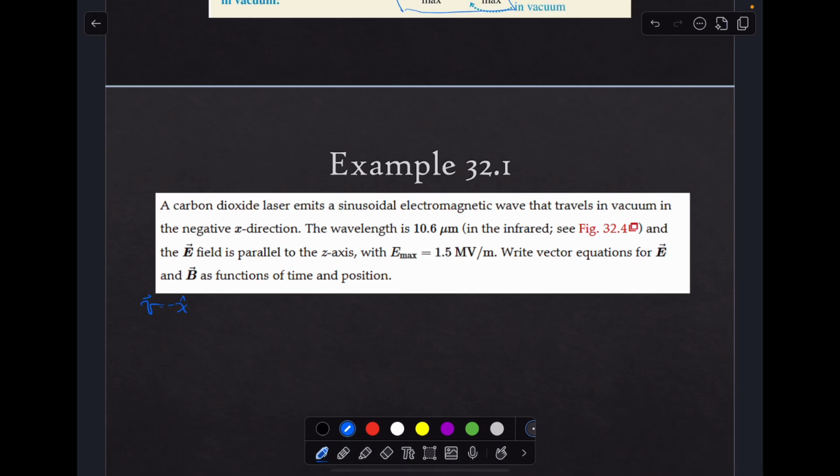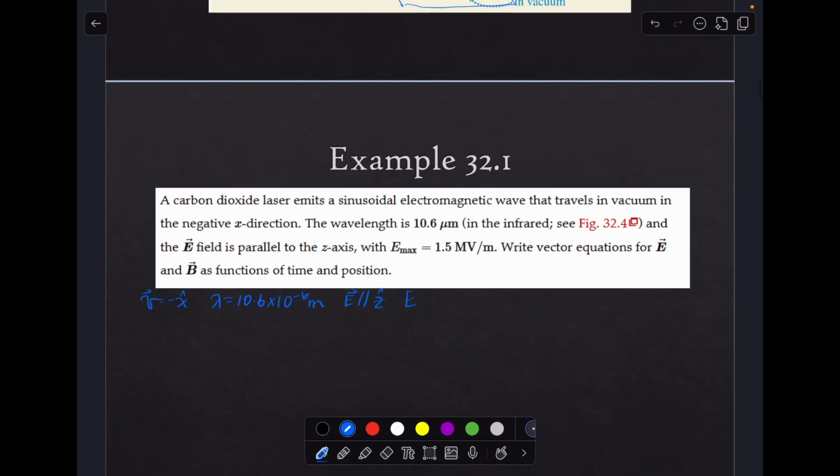The wavelength is 10.6 times 10 to the minus 6 meters, right? That's a micron. And then the E field is parallel to the z axis. And E max is 1.5 times 10 to the 6 volts per meter. That's mega. So write vector equations for E and B as a function of time and position.